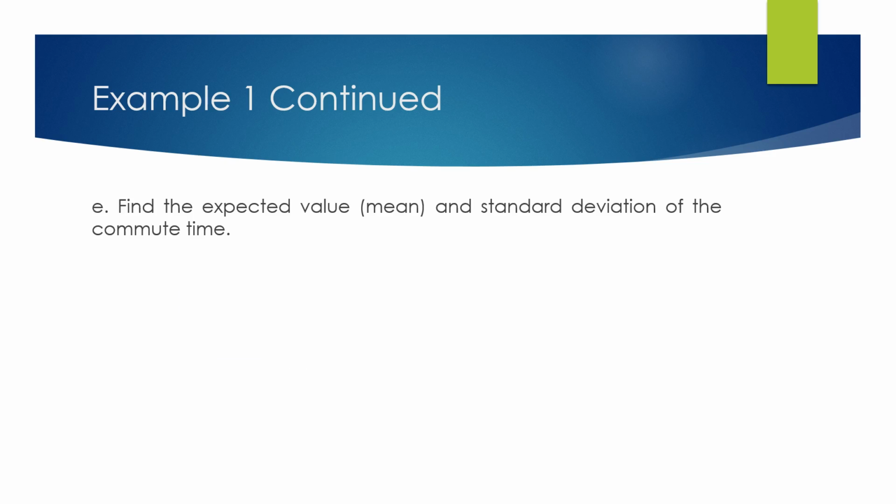Lastly, find the mean, which we're going to call the expected value pretty frequently, and the standard deviation of the commute time. The reason that we're calling the mean the expected value is because the mean is the measure of center. It's one number that we're using to summarize them all. So if you had to pick one number that would happen from this distribution most often, which one would it be?